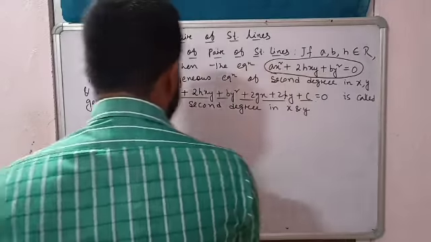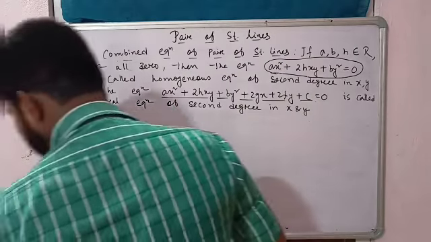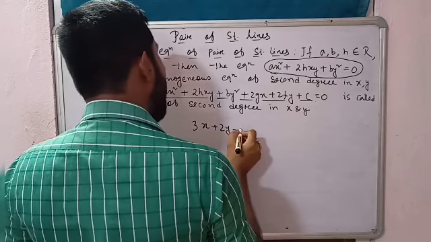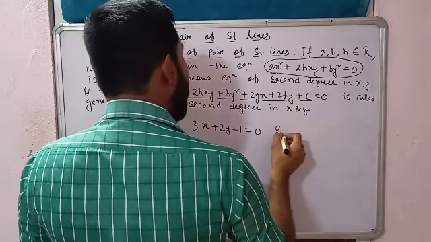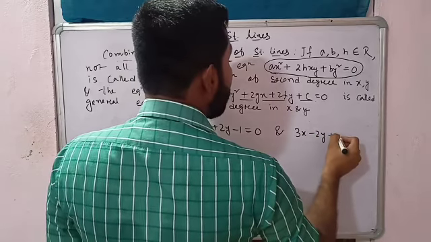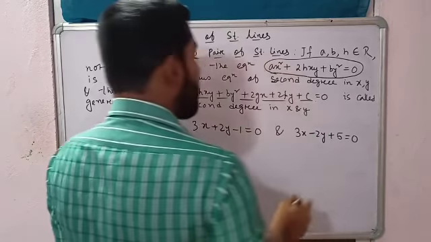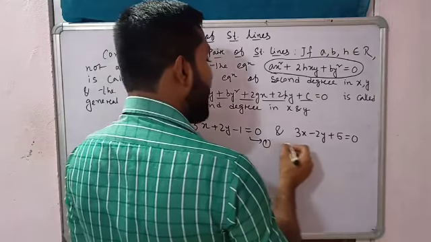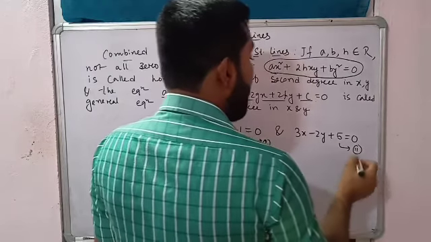Suppose the two equations are say 3x plus 2y minus 1 equal to 0 and 3x minus 2y plus 5 equal to 0. Let us consider two linear equations. Say this is equation number 1 and this one is equation number 2.